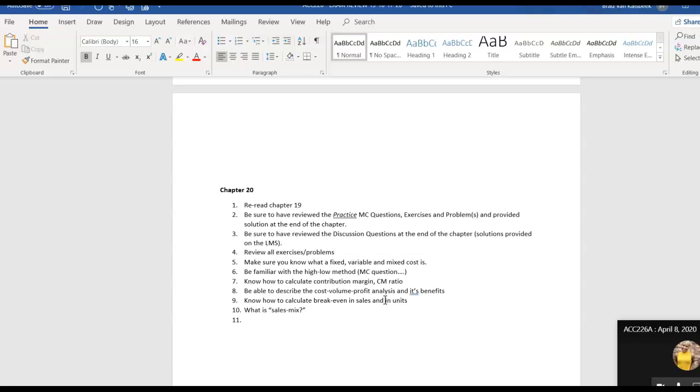The high-low method, item number 6 here, refers back to page 1001. You could either look there or the exercise that we did. And let me tell you exactly which exercise that is so you can refer to it right now. Exercise number 7. Know how to calculate contribution margin and the contribution margin ratio.